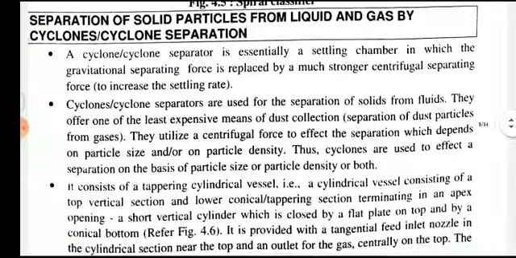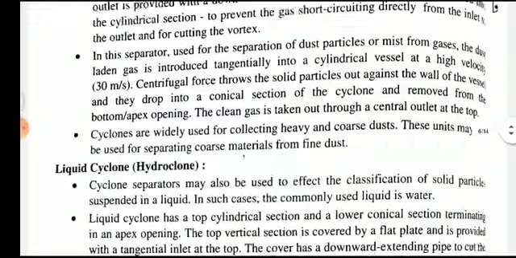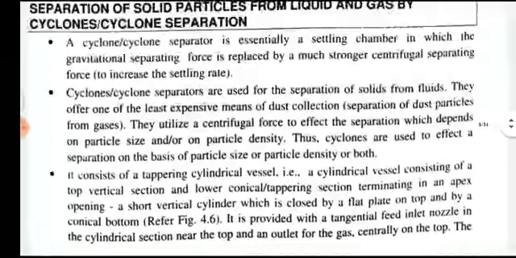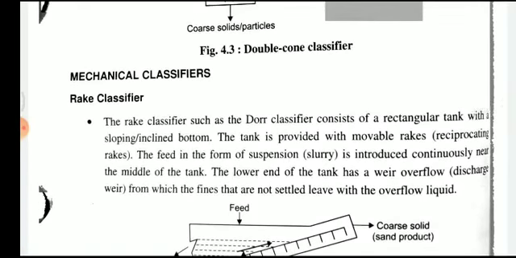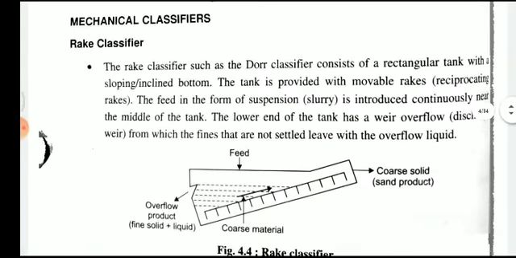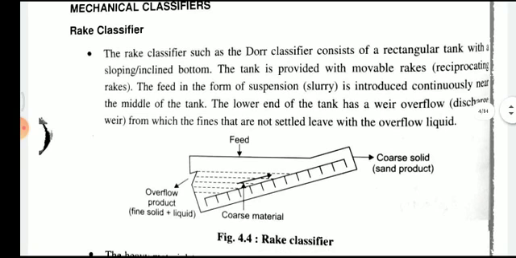So here two types of mechanical classifier are given. So let us see the detailed discussion. Rake classifier. The rake classifier, such as a Dorr classifier, consists of a rectangular tank with a sloping or inclined bottom.